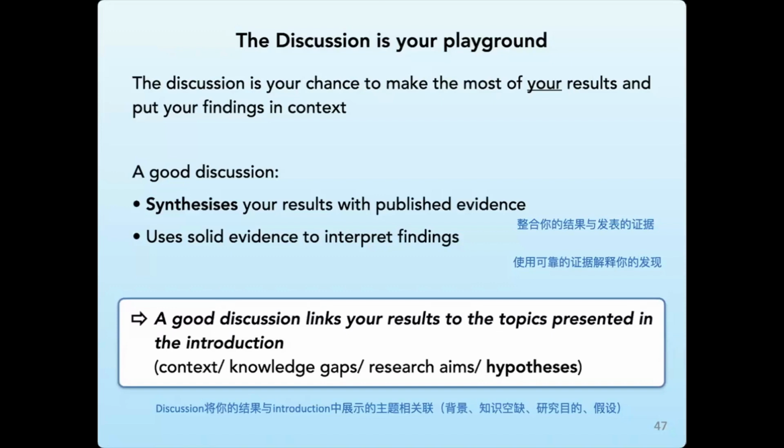And I always recommend to authors that they frame the discussion around their hypotheses and their questions. This is a really good way of making sure that the reader can see those links and can understand how your results have addressed your study aims.